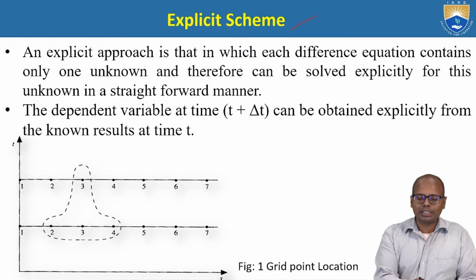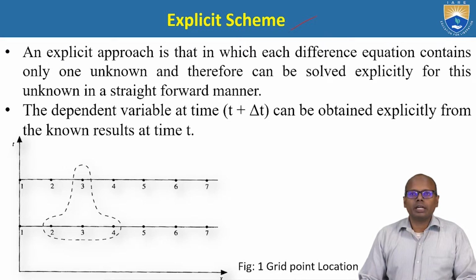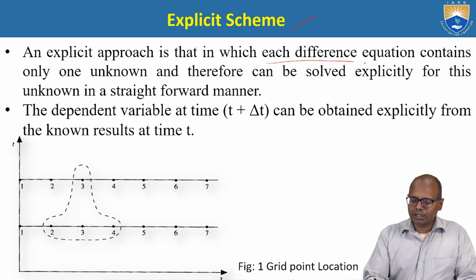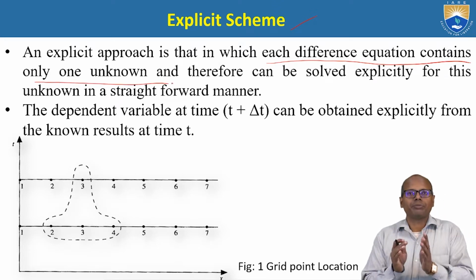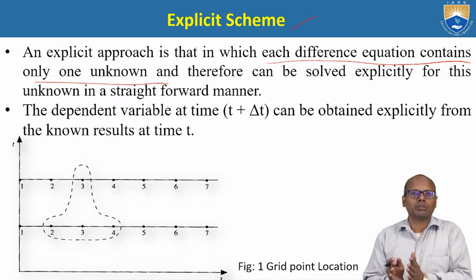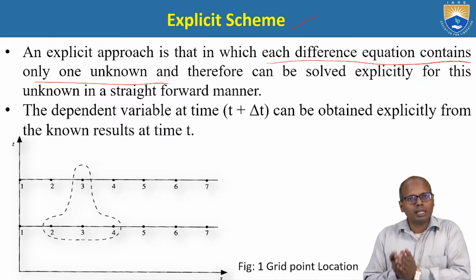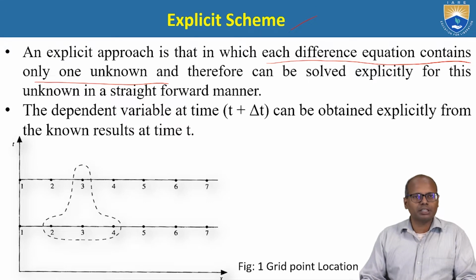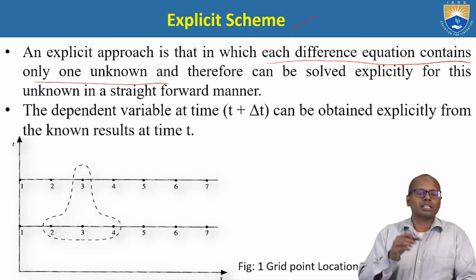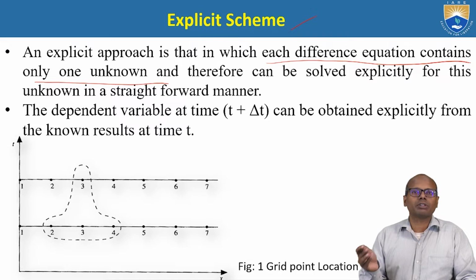Now the explicit approach: here each differential equation contains only one unknown. If the finite difference equation has only one unknown, then it is called an explicit scheme or explicit approach. If the finite difference equation that we have derived has more than one unknown, then it is called the implicit approach.